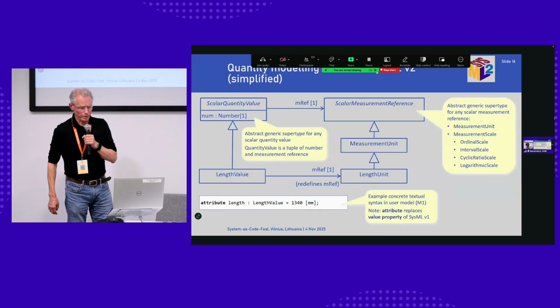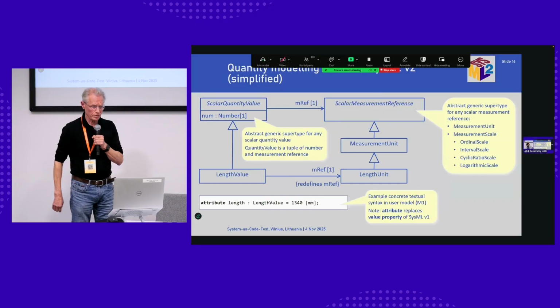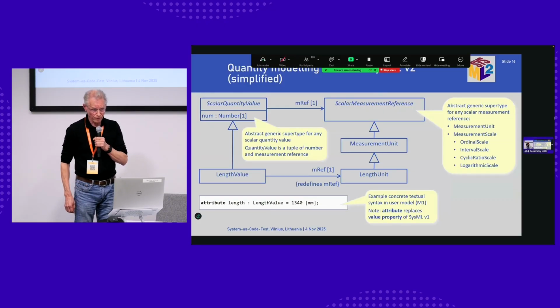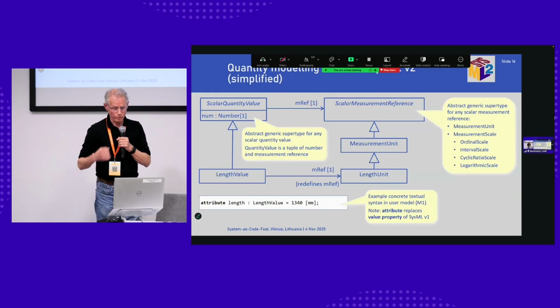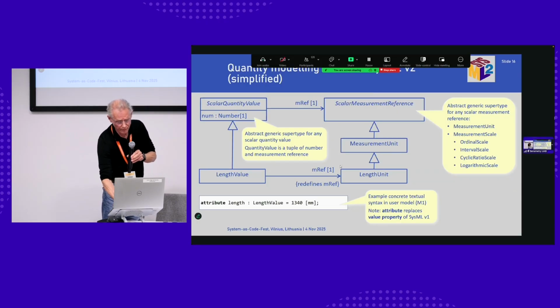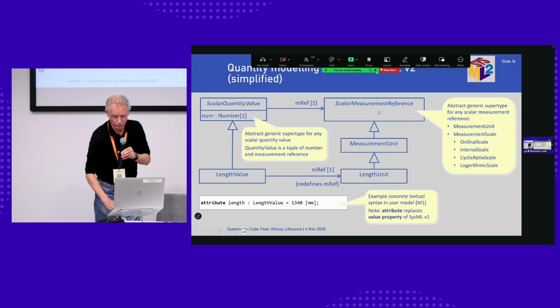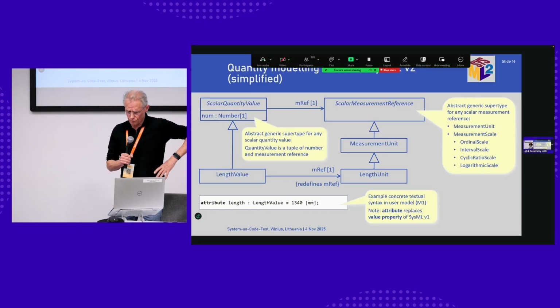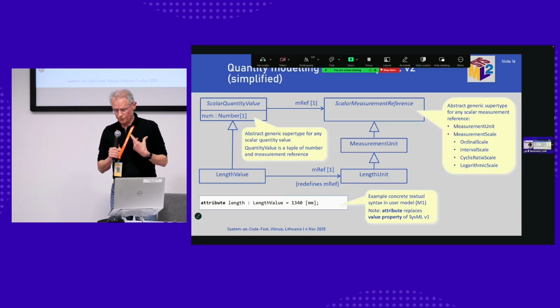The basic model in SysML, the underlying metamodel, has scalar quantity value as, let's say, the top level type of any kind of quantity, and it's always referencing what we call a measurement unit or a scalar measurement reference in general, which supports all the different kinds of scales and units that you can have.